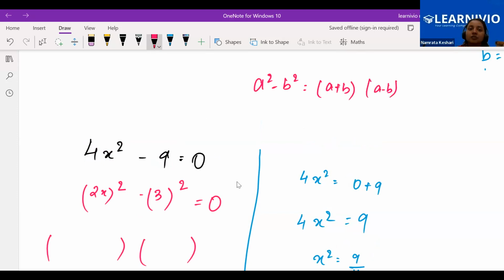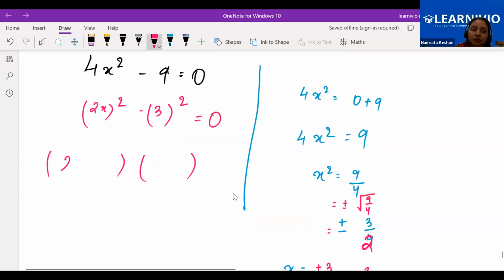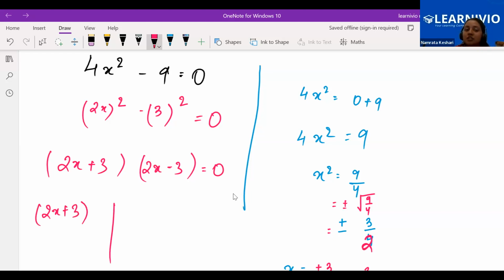Okay. Let's write it. 2x plus 3 and 2x minus 3 is equal to 0. So now in the factorized form, we can say either the first bracket is equal to 0, because we understand logically that the multiplication of two terms will only be 0 if the first one is 0, or maybe the second one is 0, or maybe both are 0.